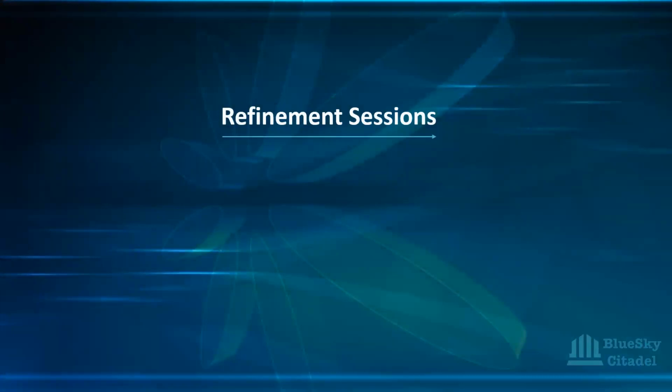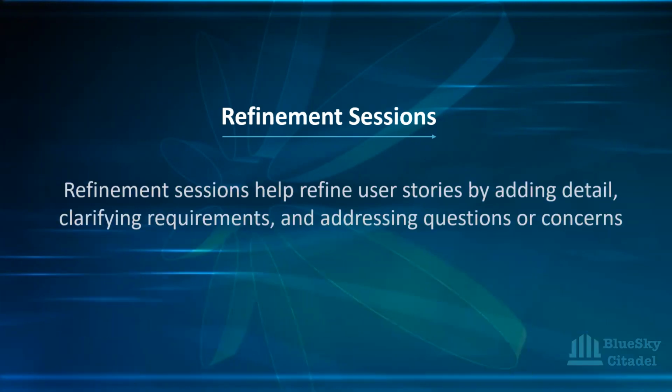Another thing that we have when we're writing user stories is what we call refinement sessions. You have periodic refinement sessions where, after you've written the user story, you then come and refine those stories. Refining those stories will help you to add detail, clarify requirements, and address any questions or concerns before sprint planning.